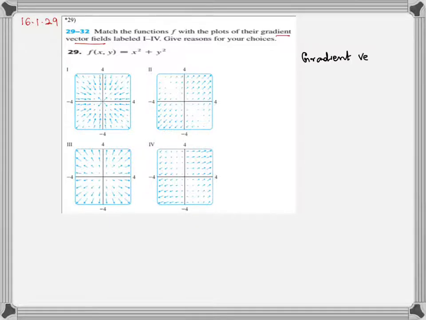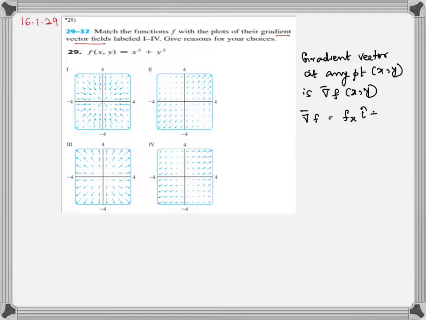So the gradient vector field is made up of gradient vectors at every point, which will be f sub x i plus f sub y j in 2 dimensions. Del f of x, y is f sub x i plus f sub y j. f is given to be x squared plus y squared.